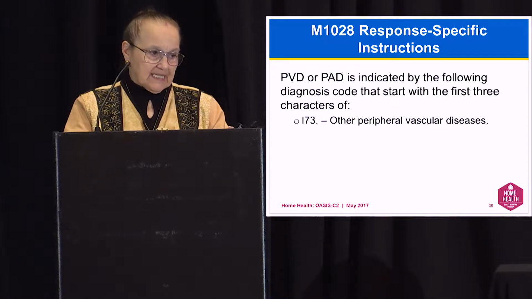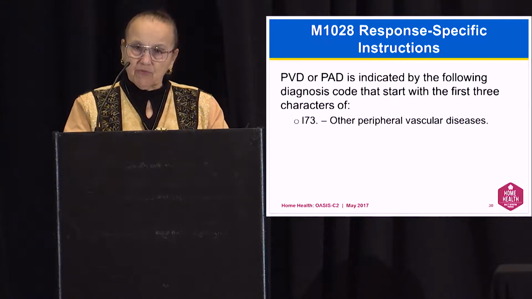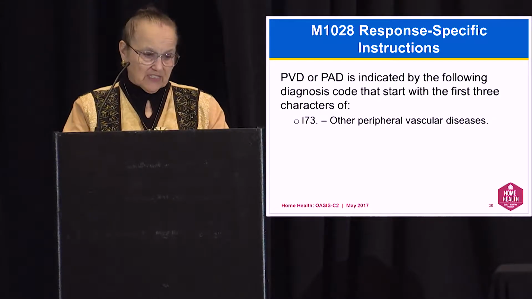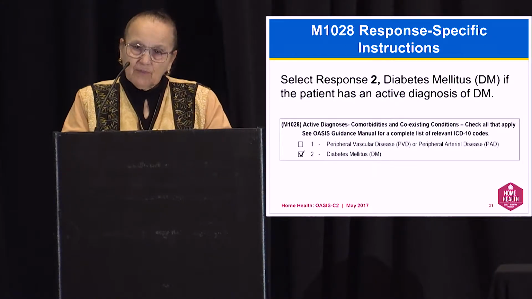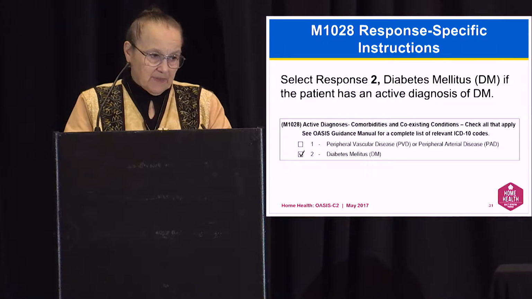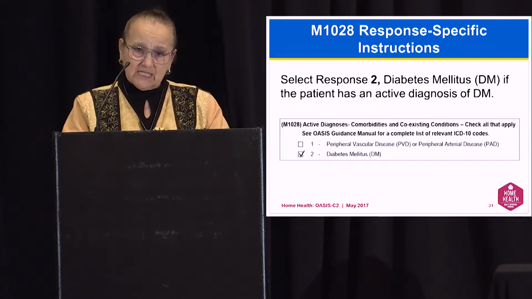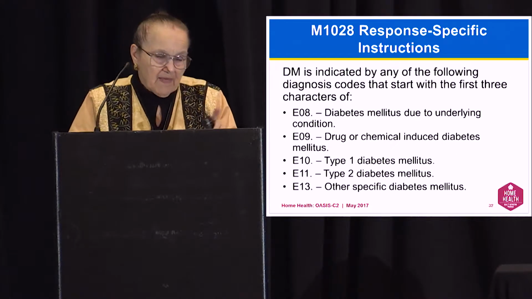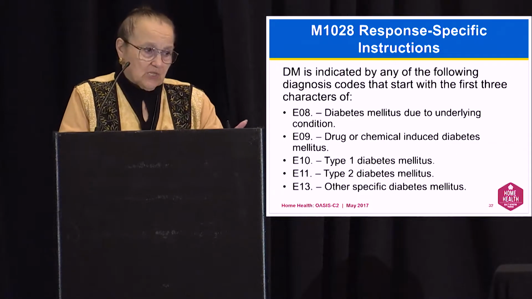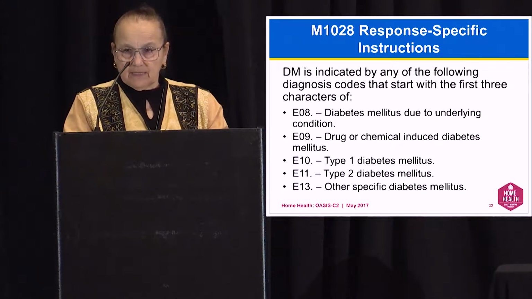PVD or PAD is indicated by the diagnosis code that may start with the first 3 characters of 173, other peripheral vascular disease. For box number 2, diabetes, you would select this if they have an active diagnosis of diabetes. That uses codes that begin with E0 and then 9 through 13.